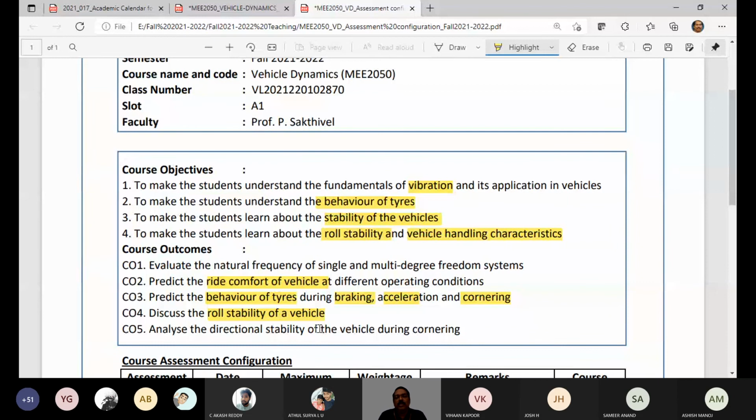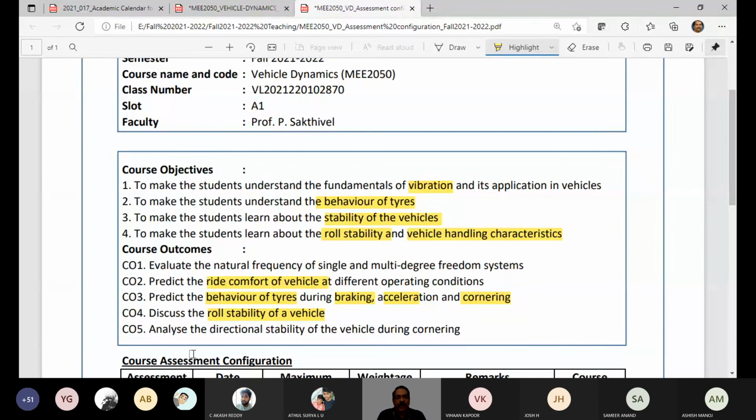What makes the vehicle reach such an unpleasant, unwanted state will all be clear to you. And what are the design aspects that go into your vehicle to prevent such unstable scenarios? All of it you would be comfortably able to discuss. So that's course outcome number 4.